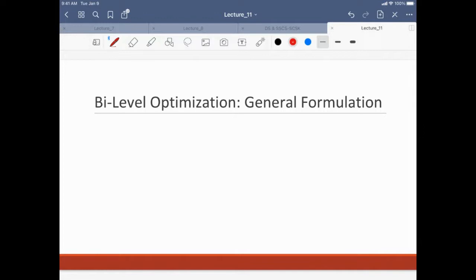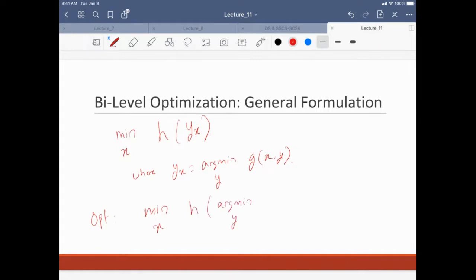The idea is that you want to solve problems like this, where you minimize over x of h of y_x, where y_x is equal to argmin over y of g of x comma y. In other words, you're minimizing over x h of argmin over y g of x comma y.